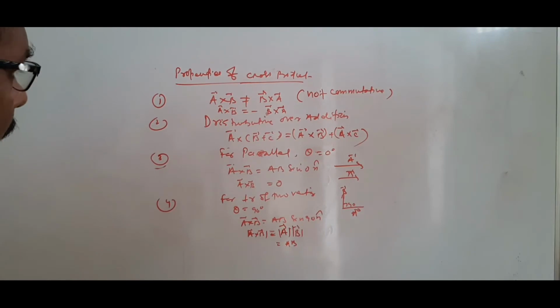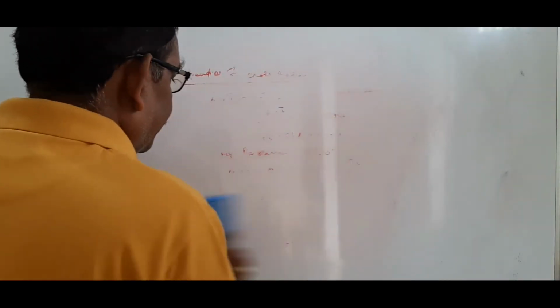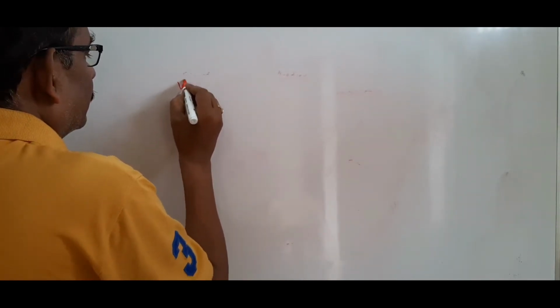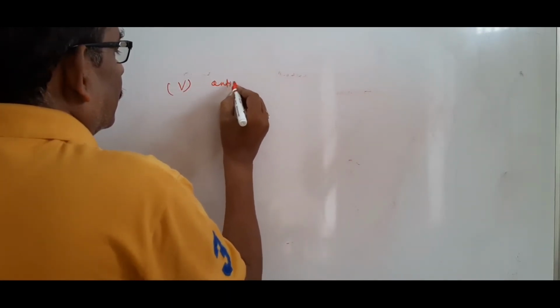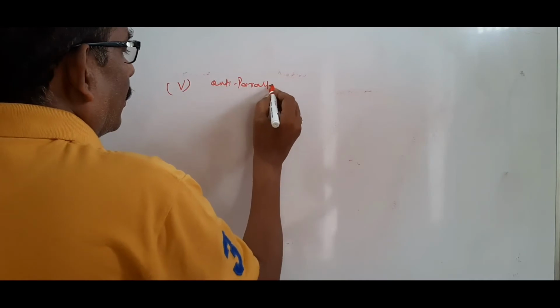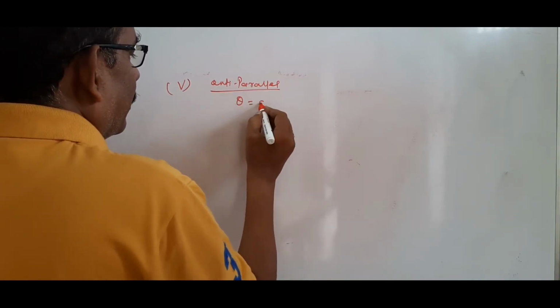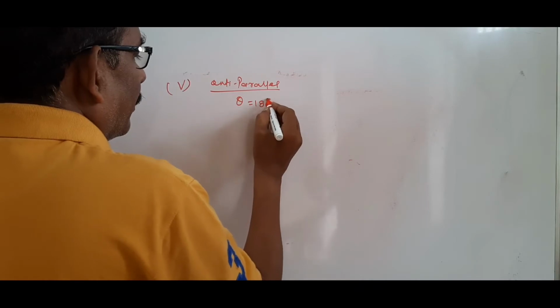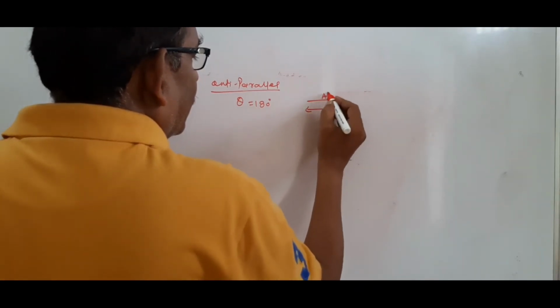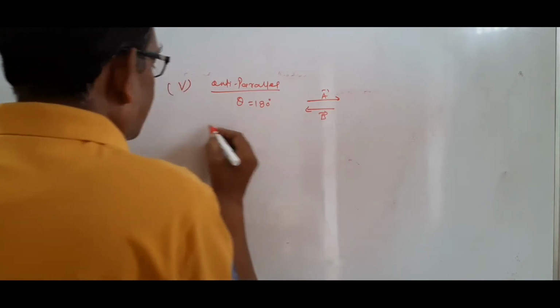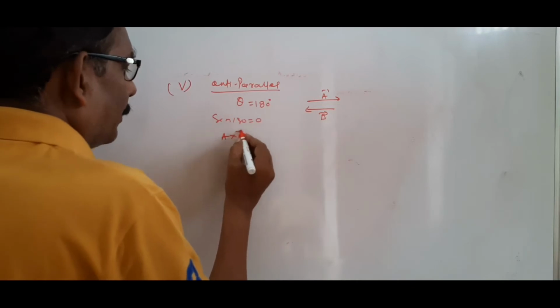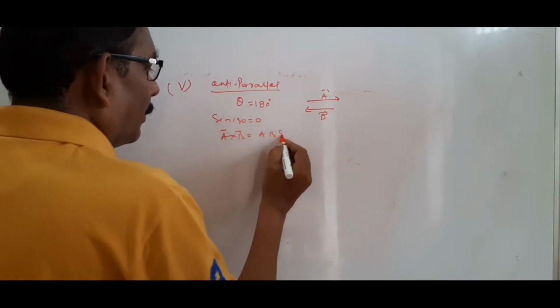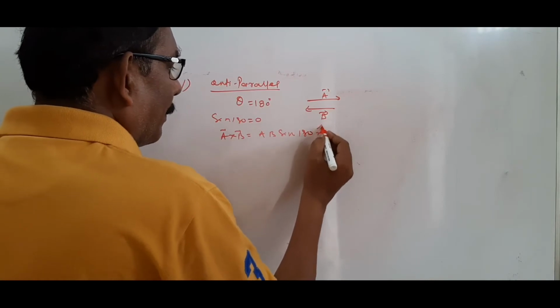Next one is for anti-parallel vectors. You know that theta is equal to 180. One vector is on this side, the other is opposite to it, and sin 180 is 0. So A cross B equals AB sin 180 n cap. Again it is 0.